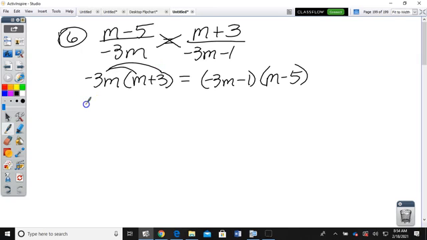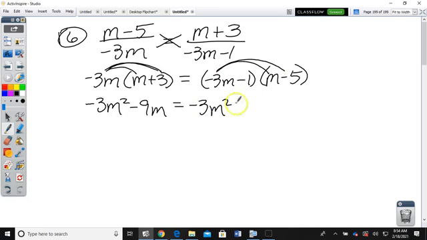Negative 3m squared. Negative 3m times positive 3 would be negative 9m, equals negative 3m times m again is negative 3m squared. Negative 3m times negative 5 is positive 15m. Negative 1 times m is negative m. And negative 1 times negative 5 is positive 5.